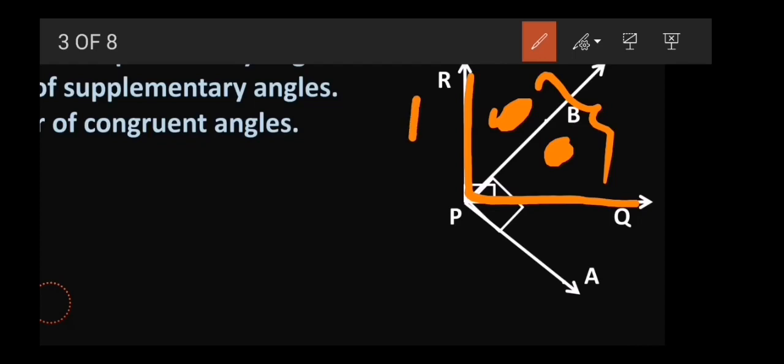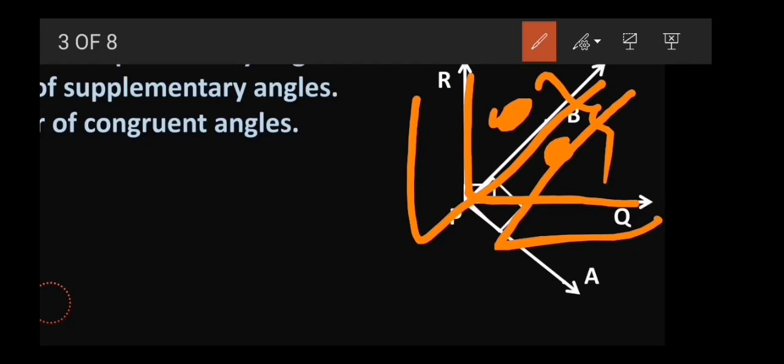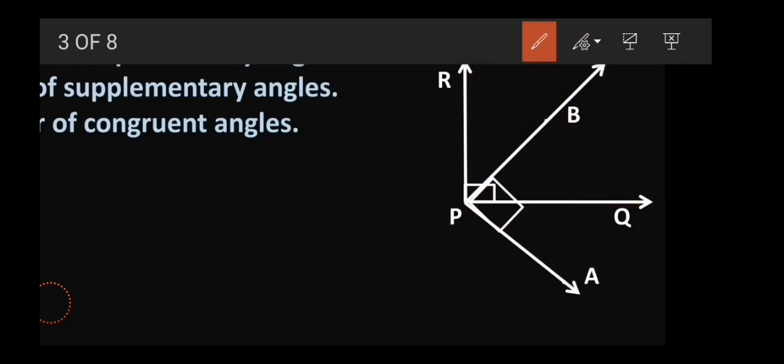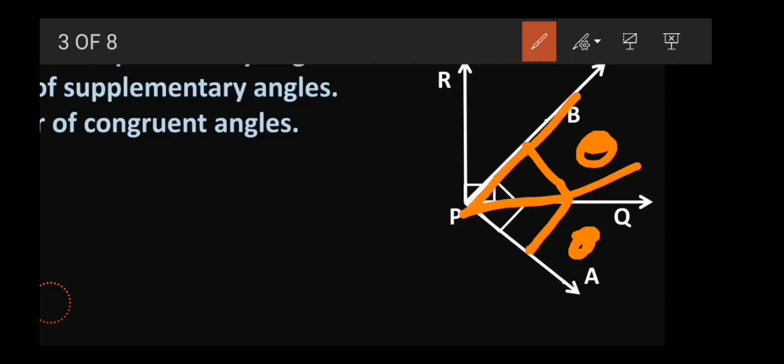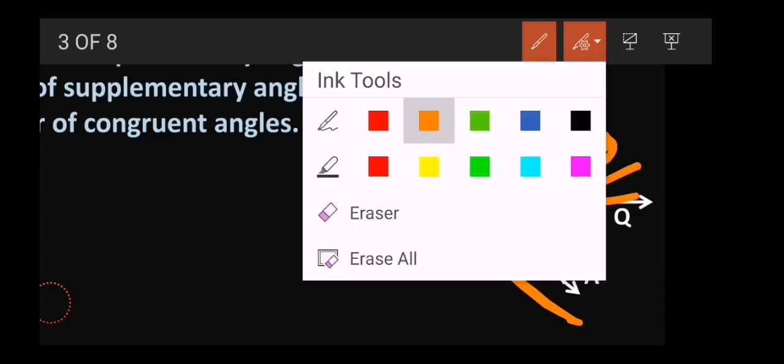So I can say angle RPB, the first part, and angle BPQ, the second part, if we add them, the sum will be 90-degree, and that makes our first pair of complementary angles. And if you focus, another 90-degree is over here, again with two parts. If I add these two parts, again the total will be 90-degree. So the angles are PBQ and another angle QPA, and that makes our answer, right?